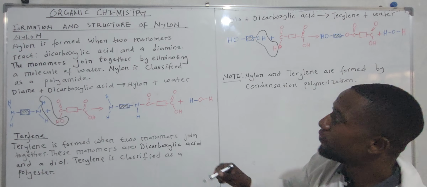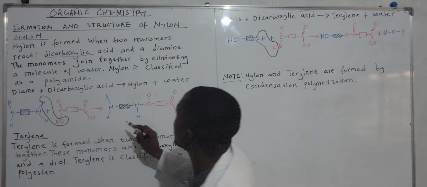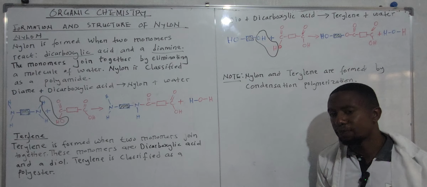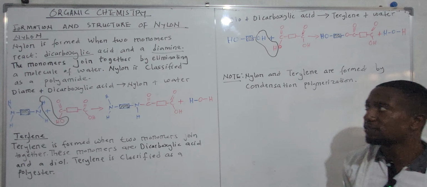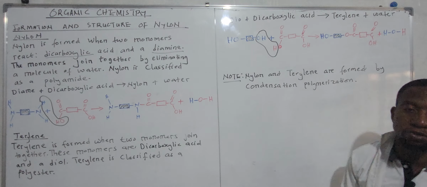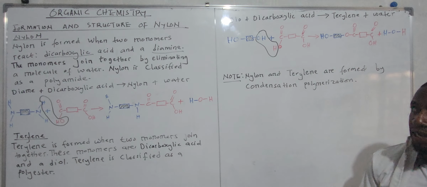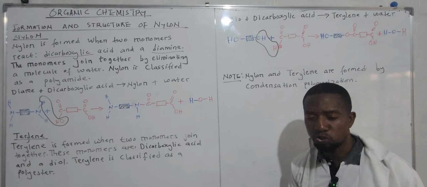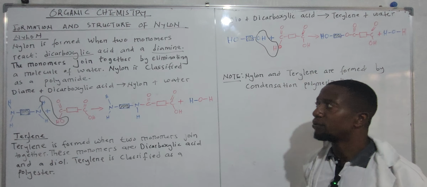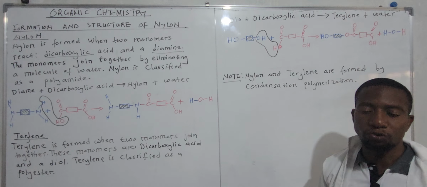We have a dicarboxylic acid, and we also have a diamine. When these two monomers react together, a nylon is formed. Di means two, so a dicarboxylic acid is a carboxylic acid with two carboxyl functional groups.